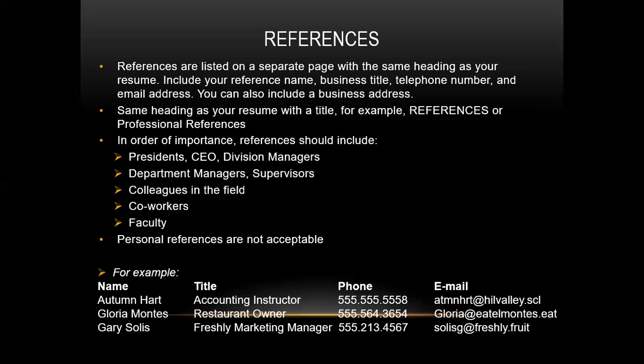So we'll list them in order of their importance based on their title and their job duties. Of course, we're going to want to list any presidents, CEOs, or managers of the place where you're working. Then underneath that would be supervisors, department managers, colleagues underneath that, coworkers underneath that, and faculty underneath that.